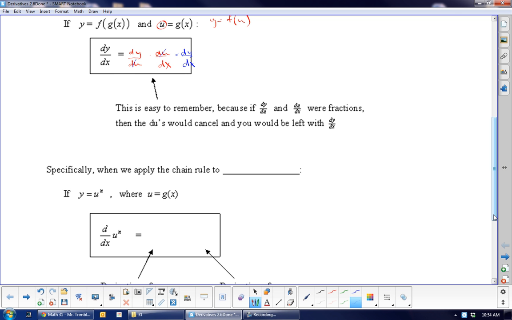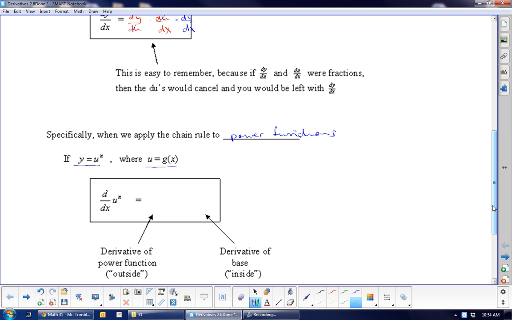Okay? So specifically, we apply the chain rule to power functions. So if y equals u to the n and u equals g of x, here's our function: u to the n would be n u to the n minus 1 times du over dx.